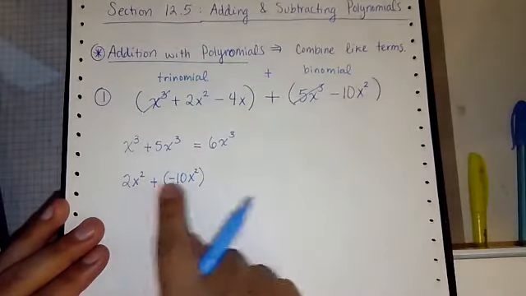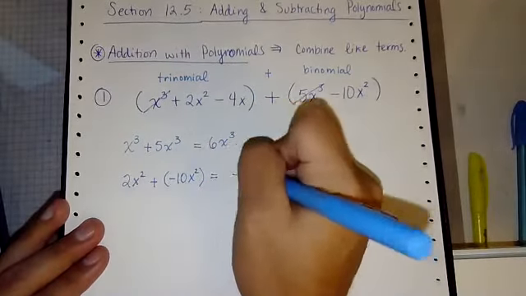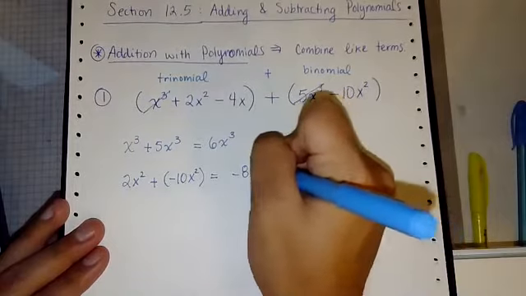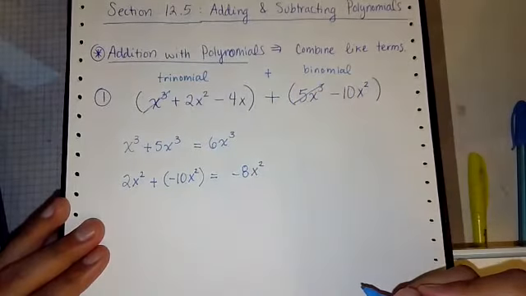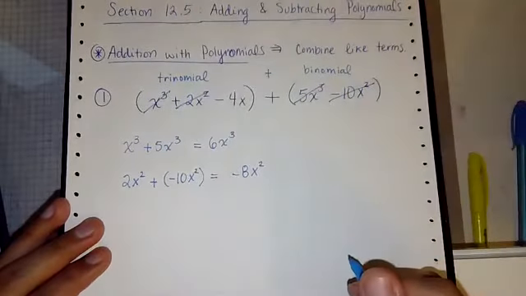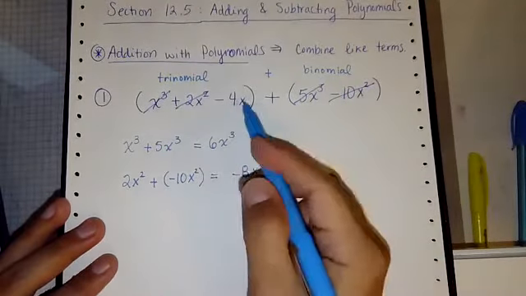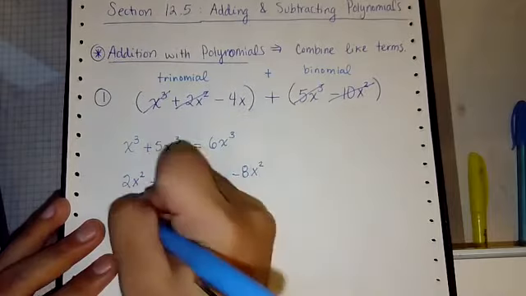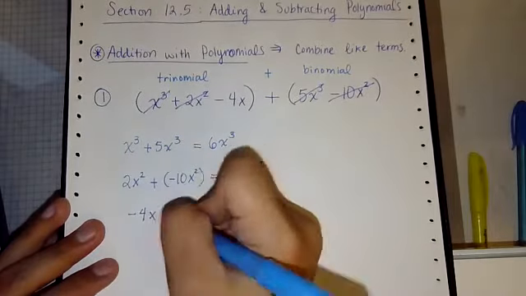Well, 2 plus negative 10 should give us negative 8x to the second power. So that takes care of these guys. And then we just have negative 4x left over.